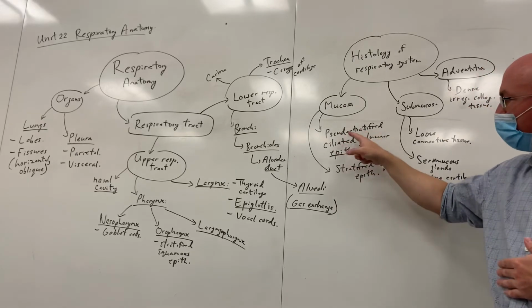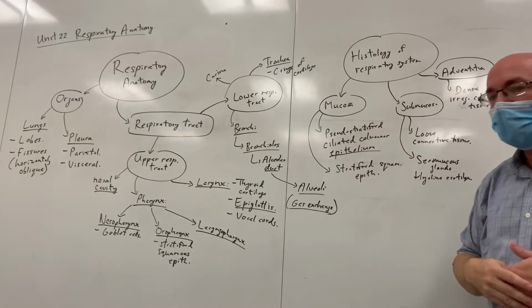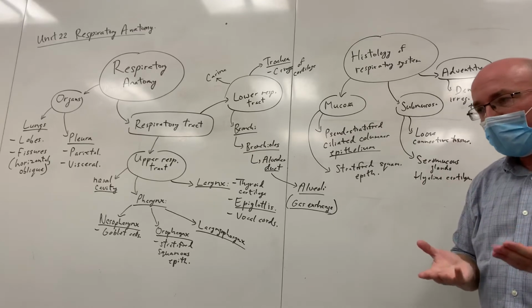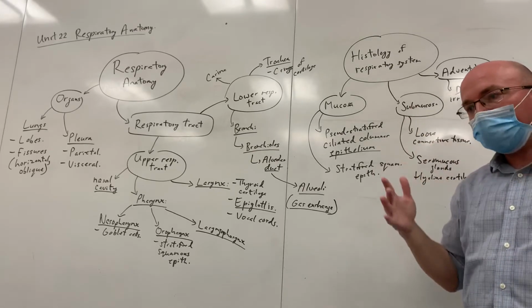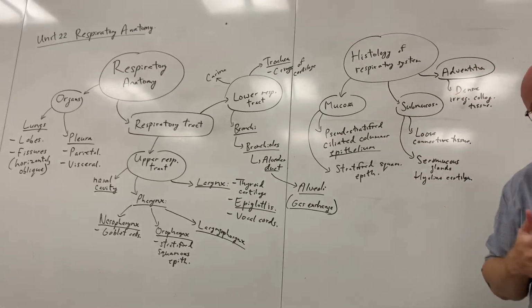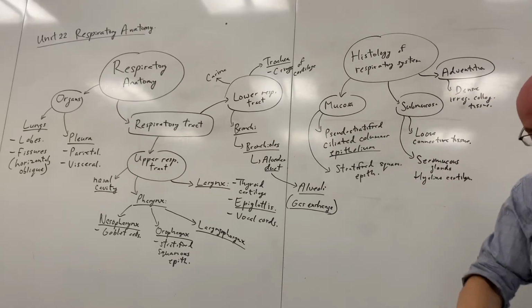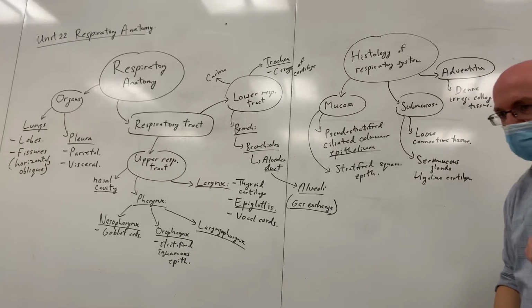Again, keep in mind, pseudostratified or false stratified has an appearance of multiple layers of cells, but in reality it's considered essentially as one layer. Every cell touches down into the basement membrane or basal lamina.